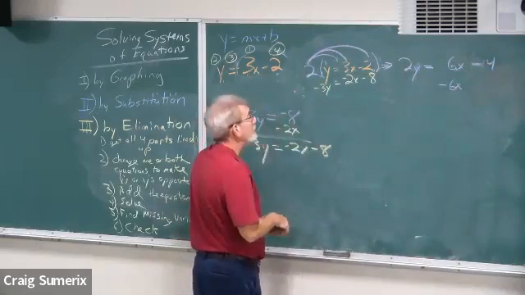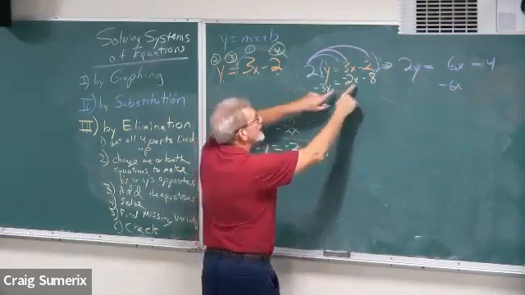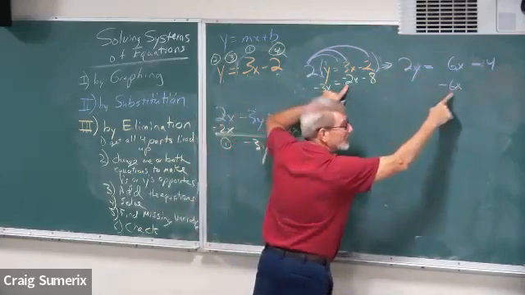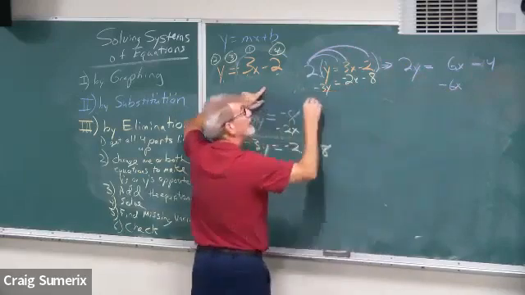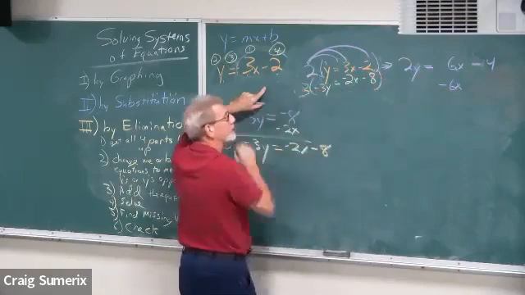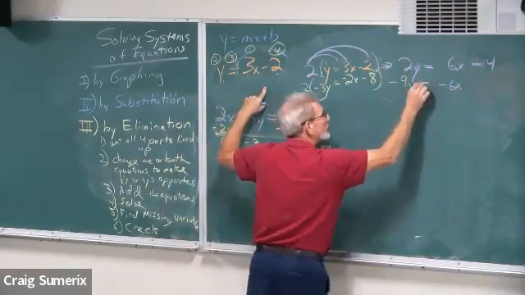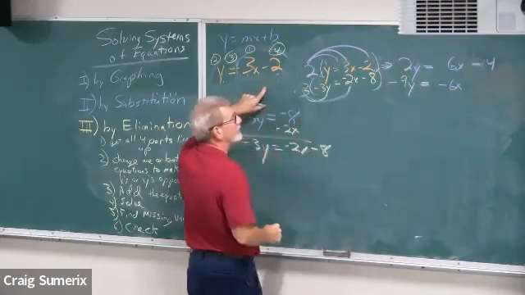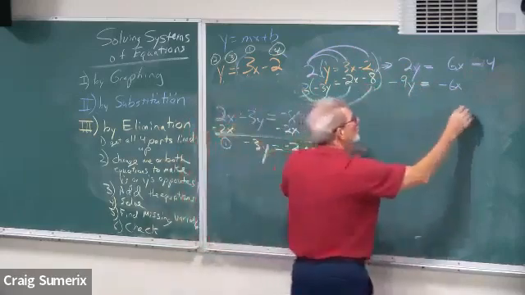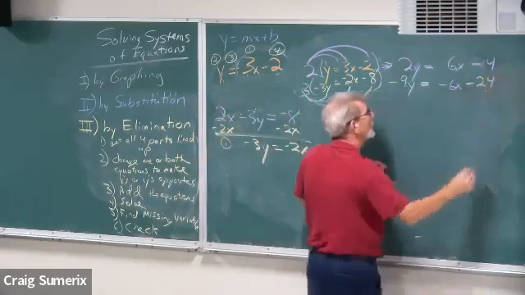Change colors for the bottom. What would you do to negative 2 to make it negative 6? It's got to get 3 times bigger, doesn't it? Negative 9y equals negative 6x, minus 24.